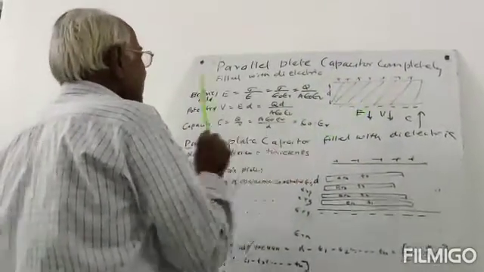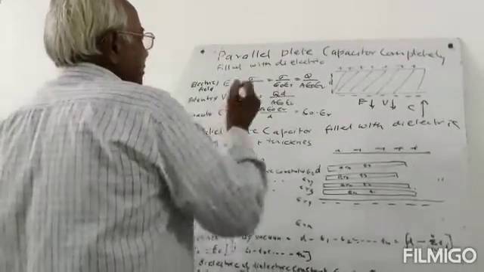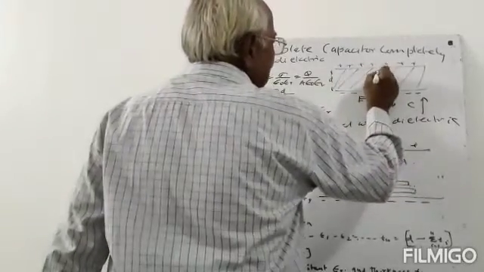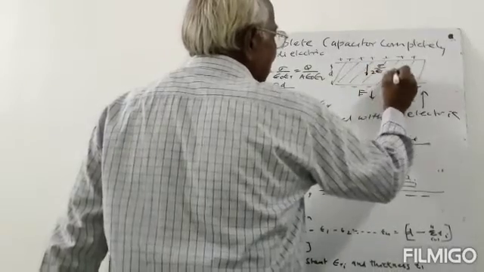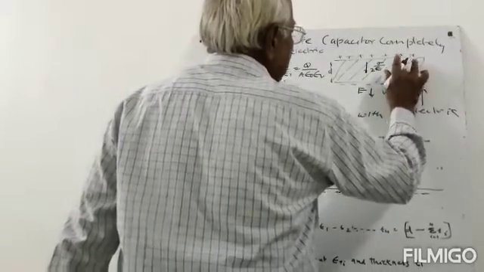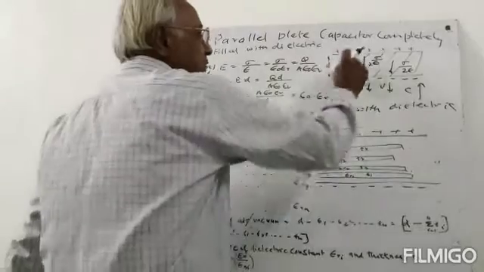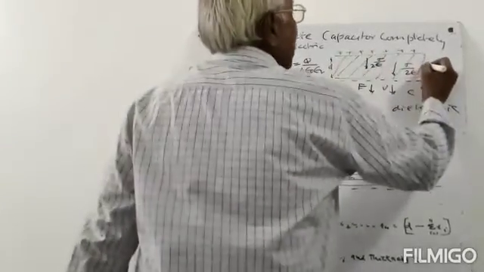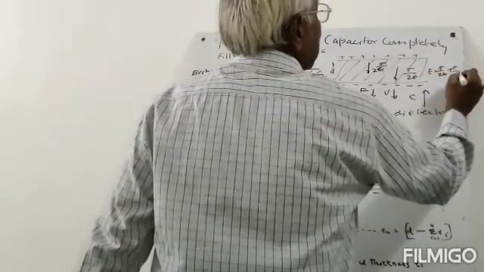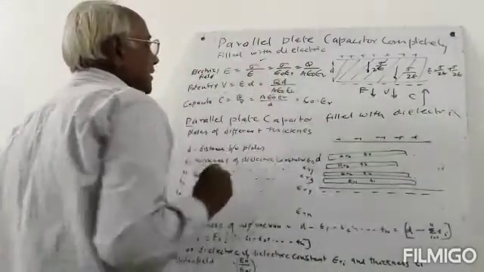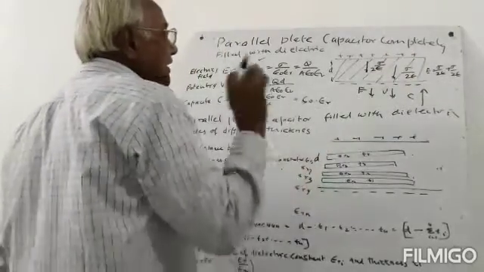When the dielectric is there, the electrical field due to the positive plate is sigma by 2 epsilon, and due to the negative plate sigma by 2 epsilon. Since both are in the same direction, the total electrical field is sigma by 2 epsilon plus sigma by 2 epsilon, which is equal to sigma by epsilon. So this will be the electrical field in between the plates.